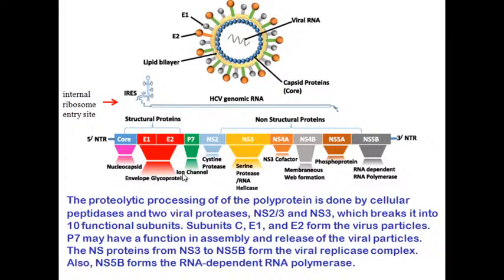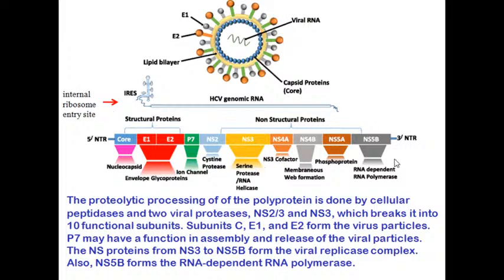The translation is done of the gene altogether, and the proteolytic processing of the polyprotein is done by our own cellular peptidases and viral proteases. The viral proteases that perform the cleavage are NS2 and NS3, which break the polyprotein into 10 functional proteins.